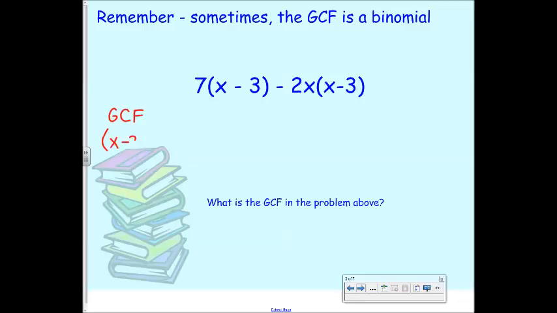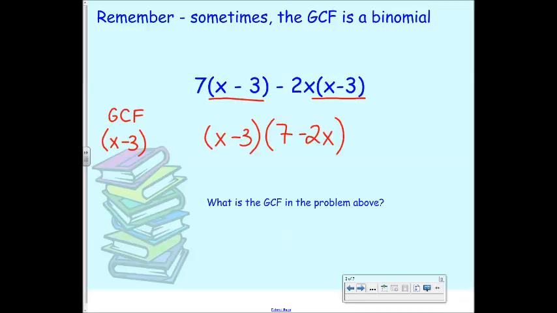So then when we factor it out, that's what goes on the outside of the parentheses. It's still in its own set of parentheses because it's a binomial, so you've got to hold it together. And then what's in the next set of parentheses? 7 minus 2x. All right, so again, this is what we did in the last half of class on Tuesday. Here's our common factor, which looks a little different than the ones you just did, because the common factor here is a binomial.